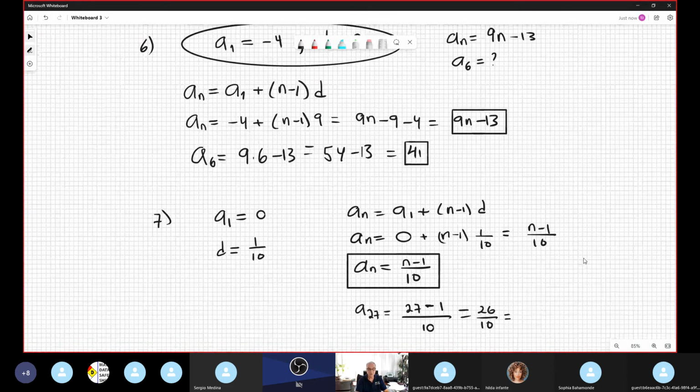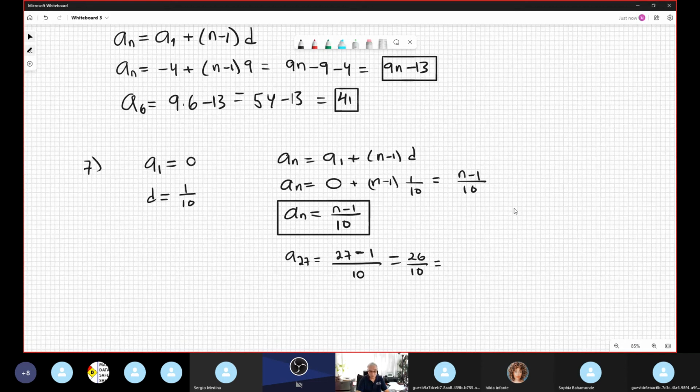When you get a fraction as the final answer, you must reduce it to lowest terms. Or you express it in decimal, which is 2.6. But I like the fraction: divided by 2, 13 over 5, and that's it. We cannot reduce anymore. This is 13 over 5. Or 2.6. Cool.